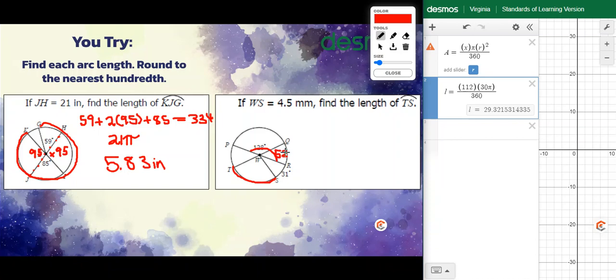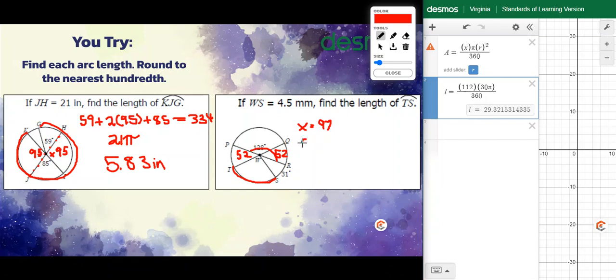And if this one's 52 degrees, then this one has to be 52 degrees due to vertical angles. All these added together, subtracted from 360, gives us this arc measure of 97 degrees.